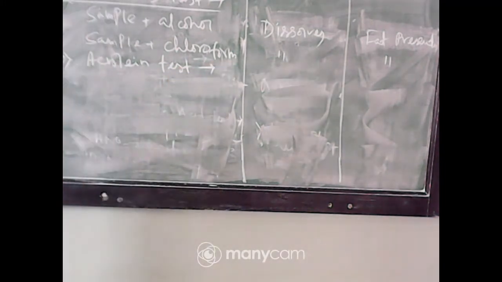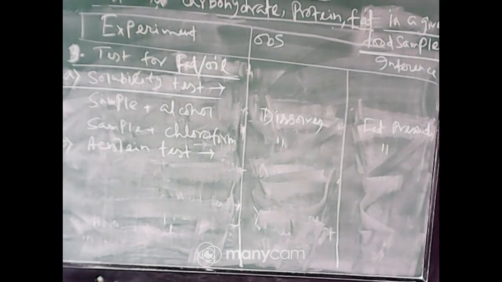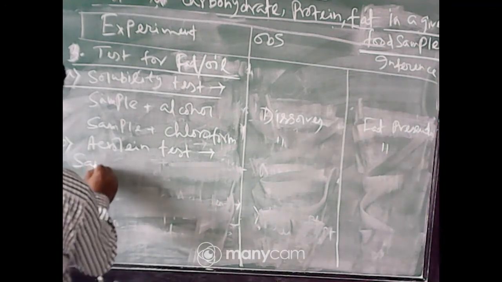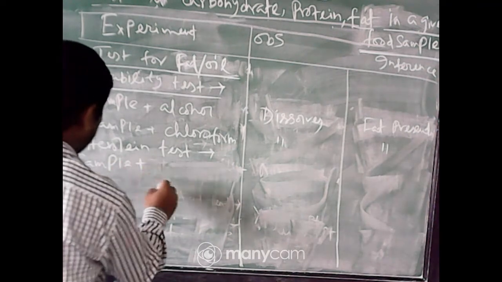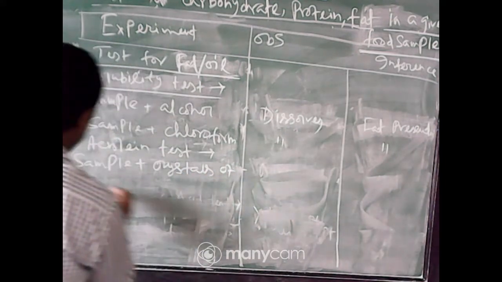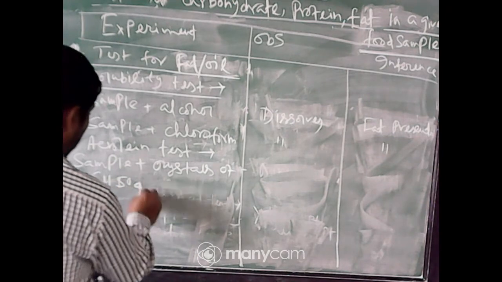So sample solution plus few crystals of KHSO4, that is potassium bisulfate, plus heat.